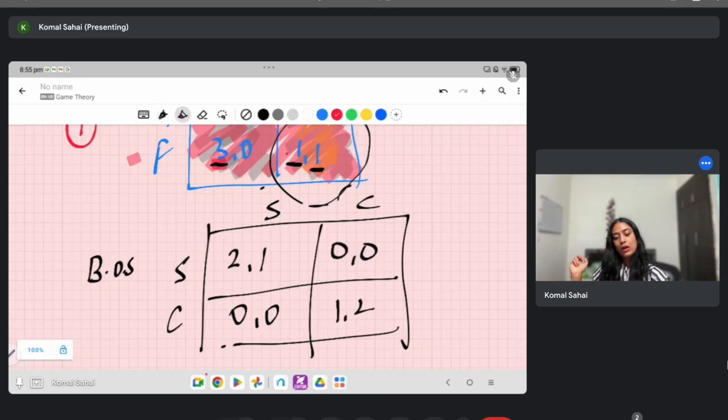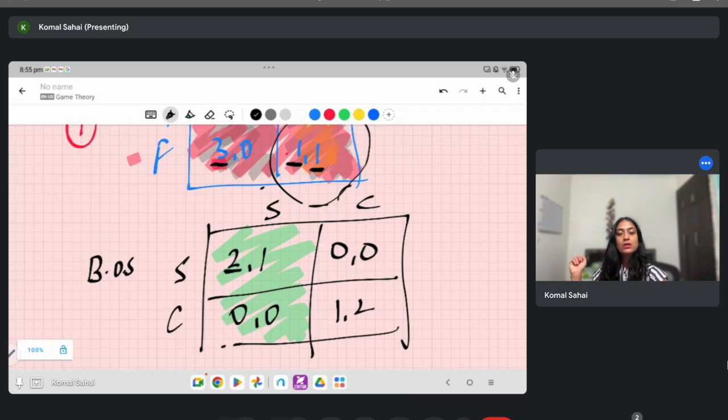And now thinking from Rahul's perspective, if Anjali is going to go to stand up, Rahul is better off going to stand up, because comparing 2 with 0, so 2, right? If Anjali is going to go to clubbing, then Rahul is better off going to clubbing.